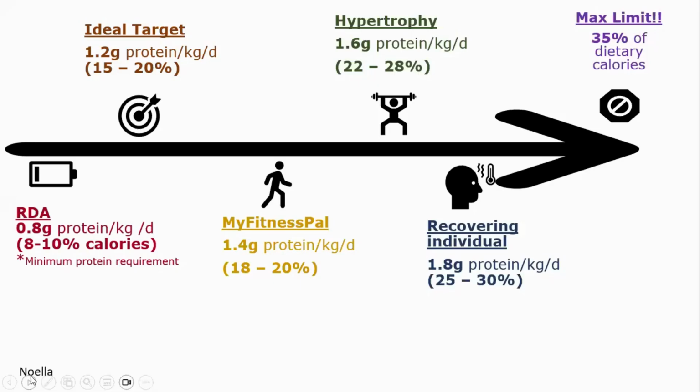So lastly, let's recap on what we learned before. Below RDA would keep you in a nitrogen or a protein negative balance. An ideal target, or if you follow MyFitnessPal, it would keep you in a protein equilibrium. Hypertrophy, and in case of recovering individuals, it would keep you in a positive nitrogen balance.